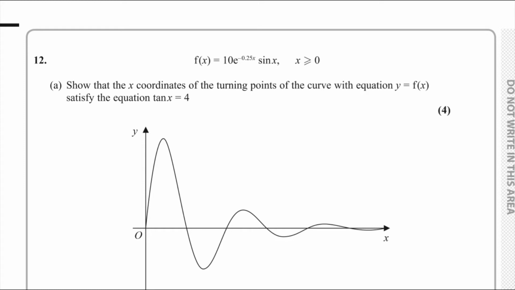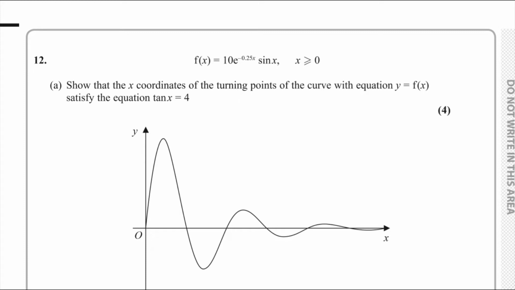Question number 12. We have f of x which is equal to 10e to the power of minus 0.25x sine x, where x is greater than 0. We have to show that the x coordinates of the turning points of the curve with the equation y equals f of x satisfy the equation tan x equals 4.